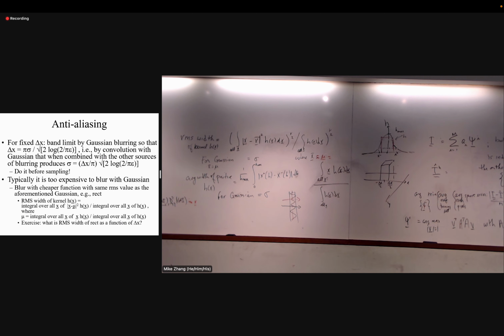Is it possible if your sigma is too small that you could get edges? You bet. If the sigma is too small, you can actually compute what you would get.